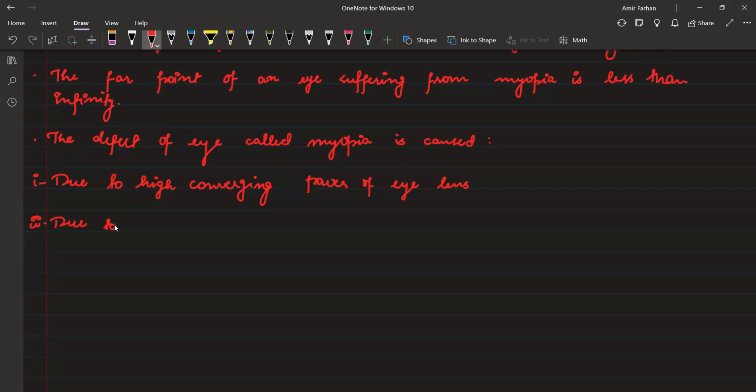My lens will be thick when I am using my mobile phone, so I am training my eye to see nearby objects very clearly. But when I look at a distant object, I am not able to see it because most of the time my eye lens is in a constrained, thick shape due to high usage of mobile phones. You can see a defect in this case itself. Is that clear? Yes, sir.